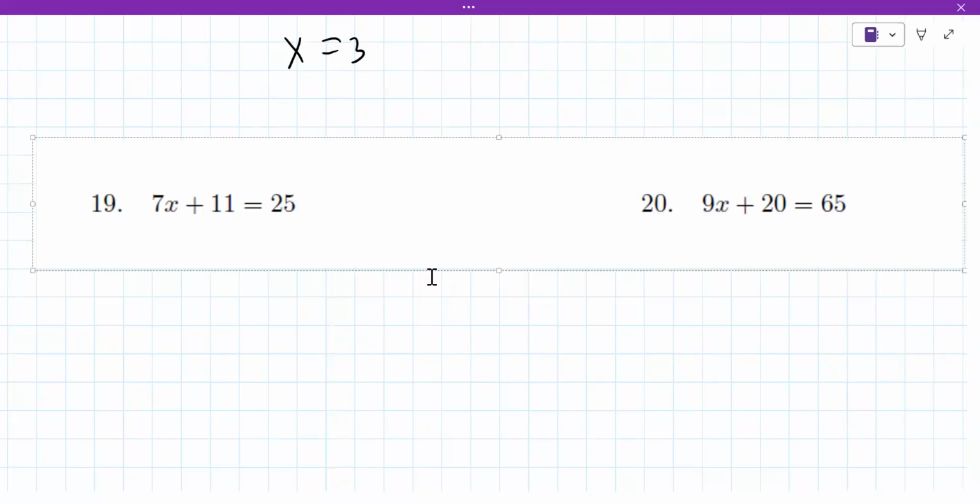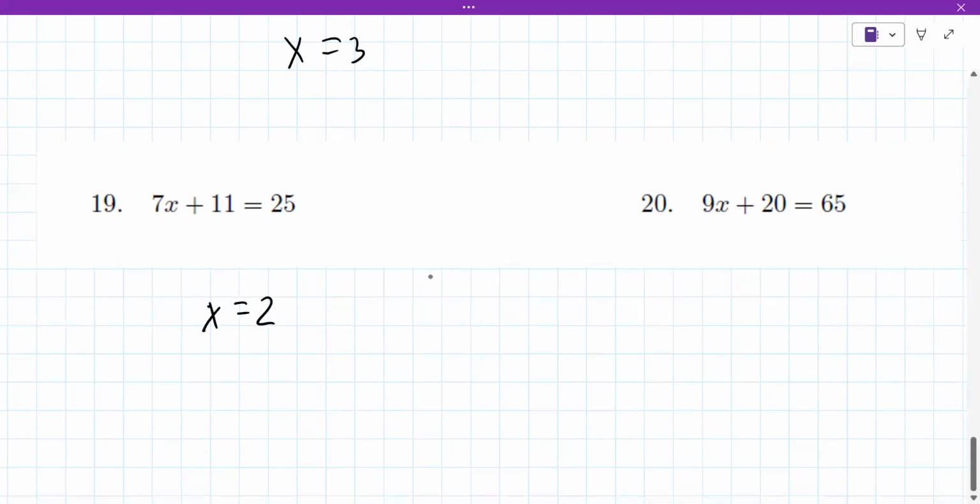Two. Okay, X is 2. Good. 5. X is 5. Yeah, very good.